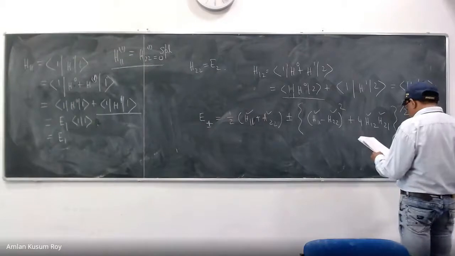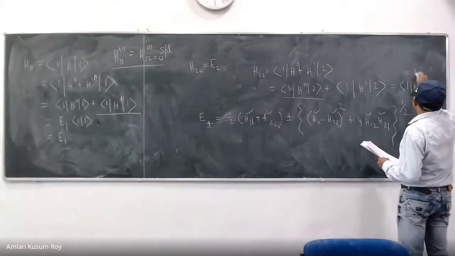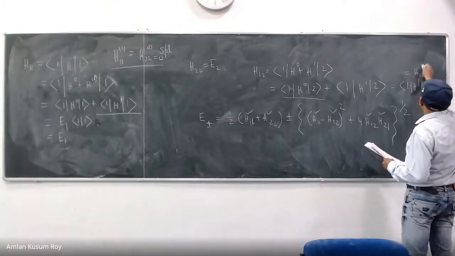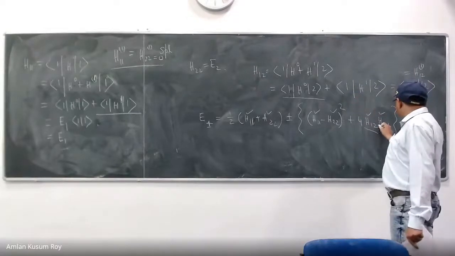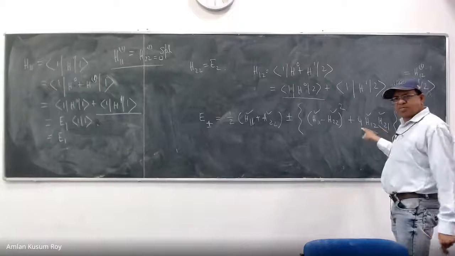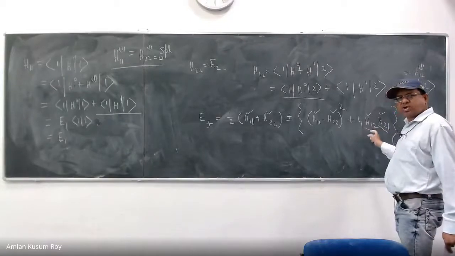So this I want to write as H21. Then I can use the Hermitian property: H12 will be H21.